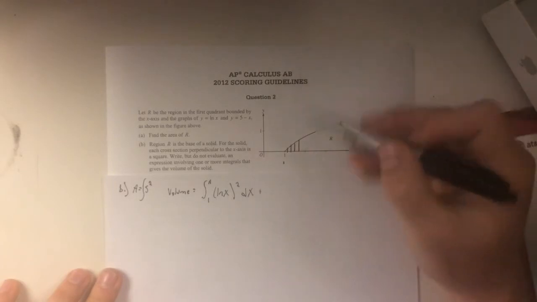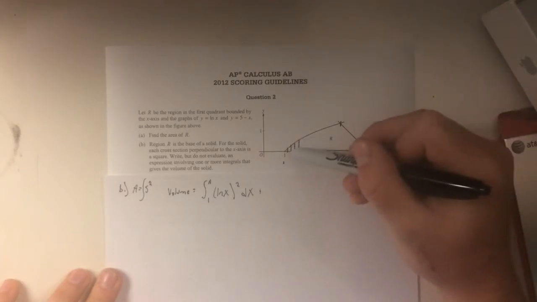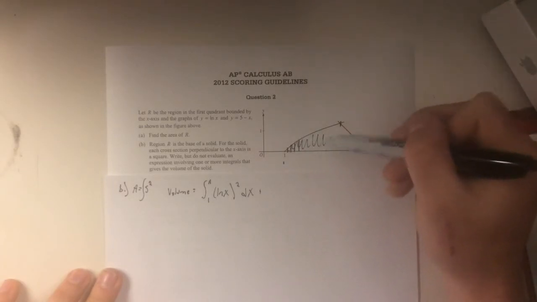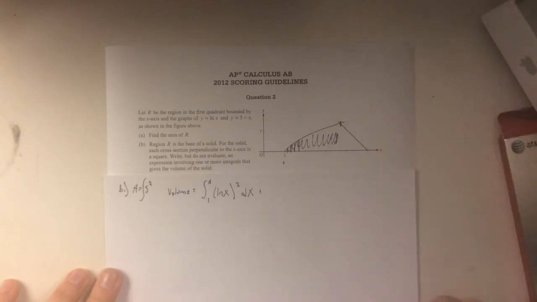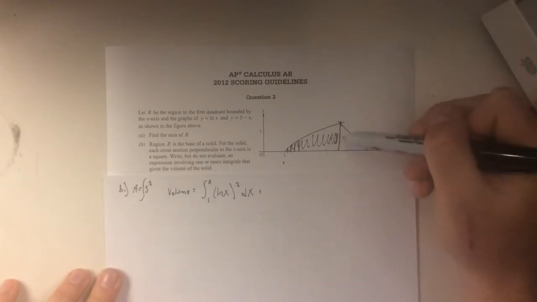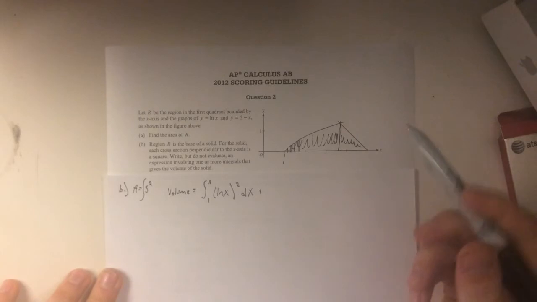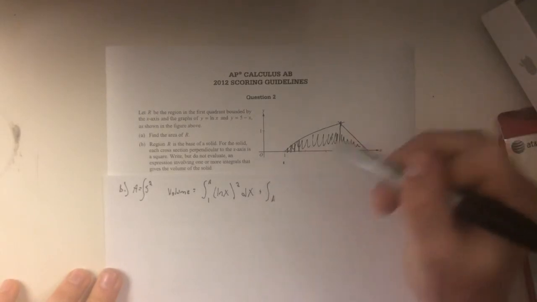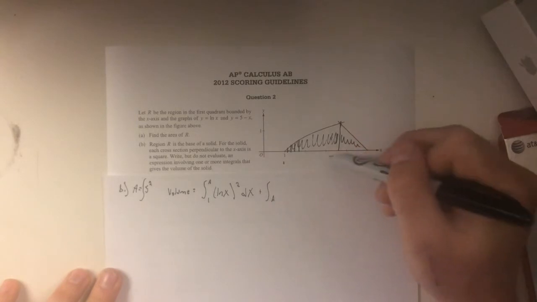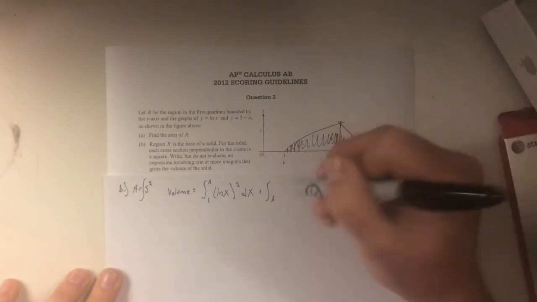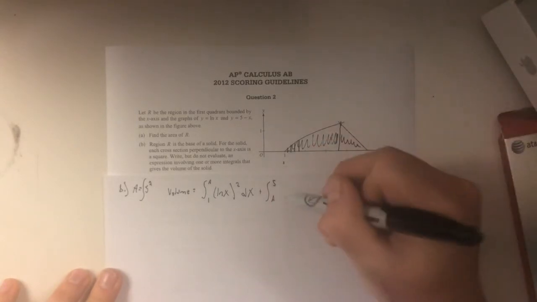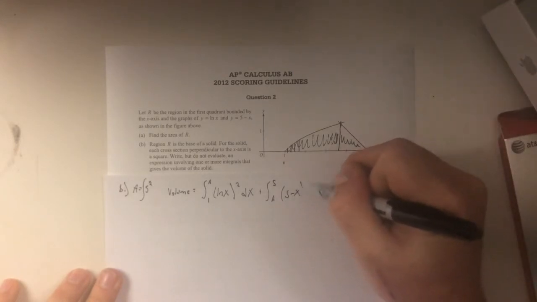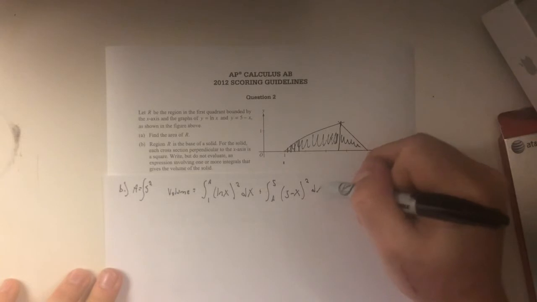And then, again, that's finding the volume, in our case, of this much of the region. But now we have to find the remaining part of the region. So that would be from A to 5, and this line is 5 minus x, so 5 minus x squared dx.